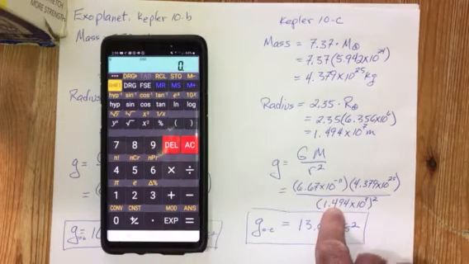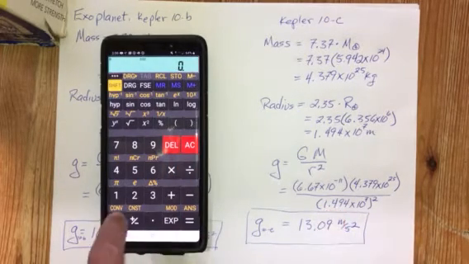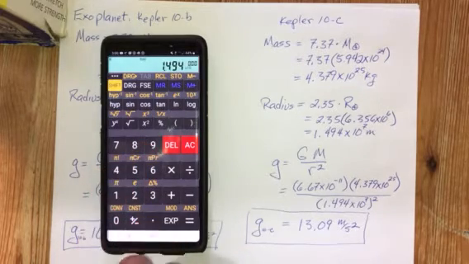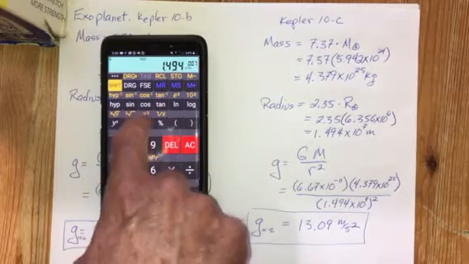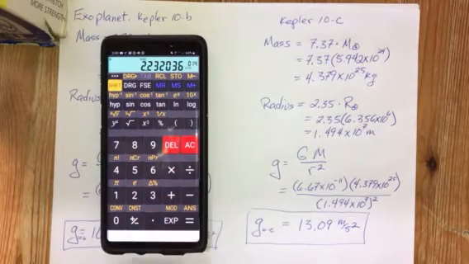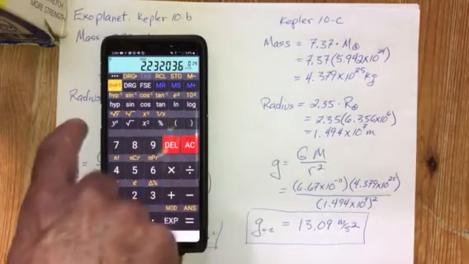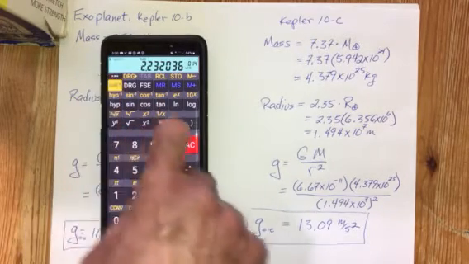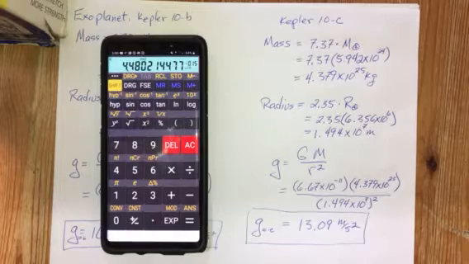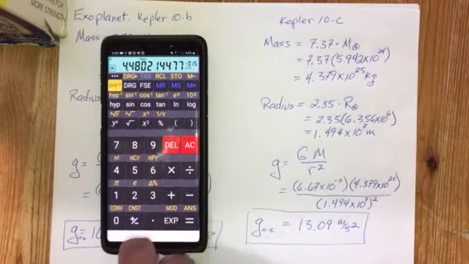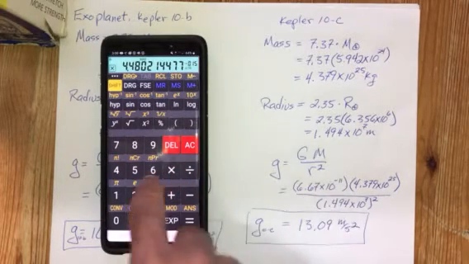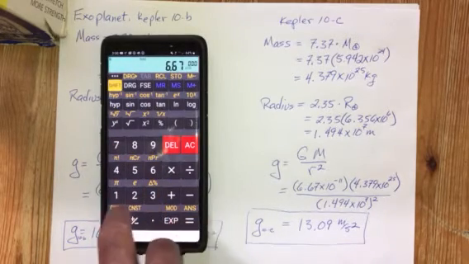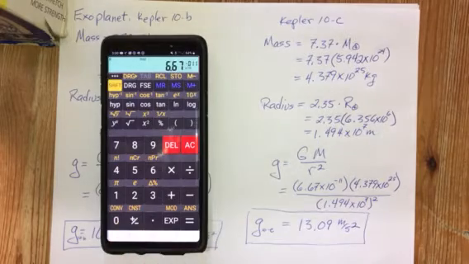We're going to start with the radius in the denominator, and we'll say 1.494 exp 7 squared. And then since it's in the denominator, we want to reciprocate it. So we're going to do the reciprocal key, shift 1 over x. Then we'll multiply that by the gravitational constant, 6.67 exp negative 11.